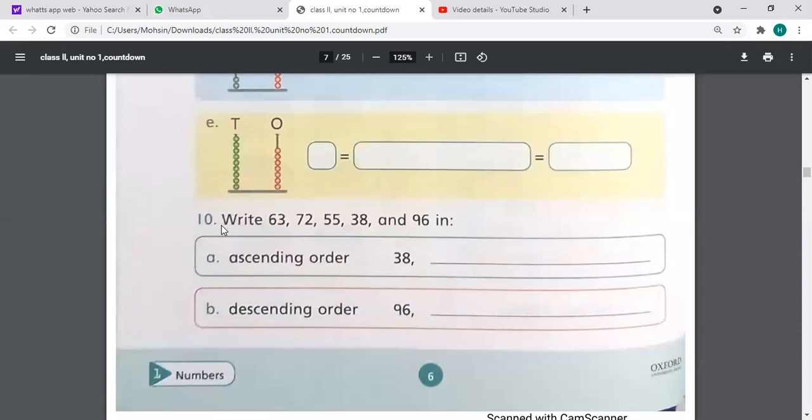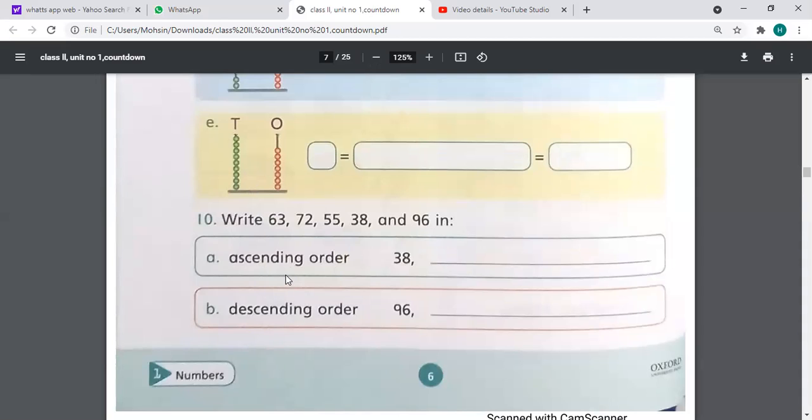Now, question number 10 on page number 6 is about writing 63, 72, 55, 38, and 96 in ascending order and descending order. In the previous page, I told you the meaning of ascending and descending.